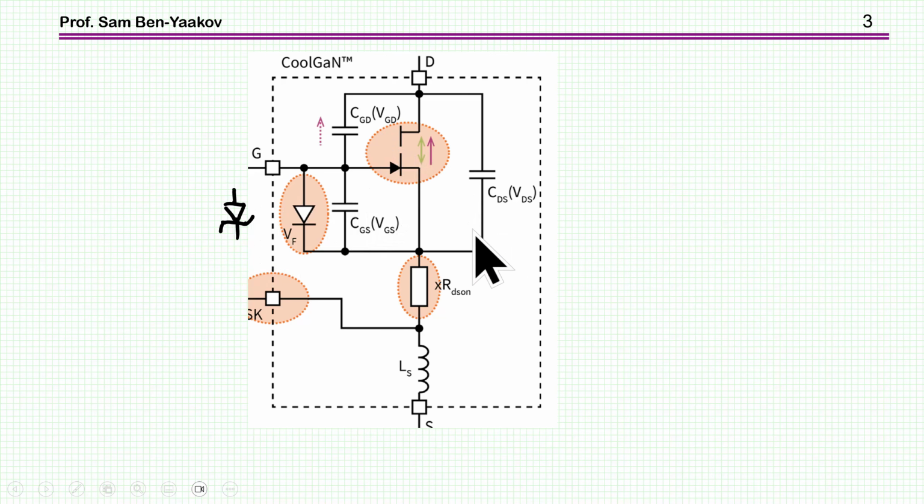And then in this model, they have put here the RDS1 and the parasitic inductance, primarily due to the bonding. Now here is actually a Kelvin connection, and this is the source. So this is the drain, this is the source, and it's a Kelvin connection, the gate. And the main difference is this diode here, which is now passing DC current.